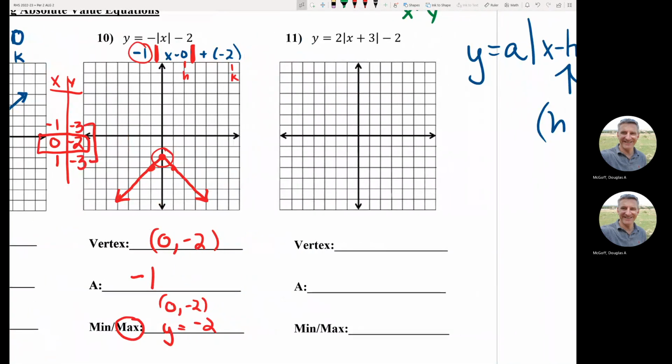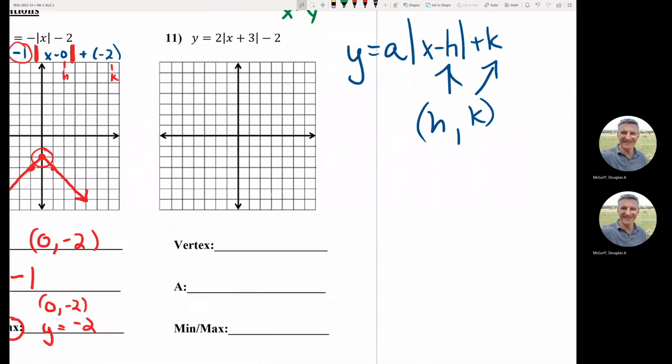11. Always of the form y equals a times the absolute value of x minus h plus k. So here I have plus 3. That means it's really x minus negative 3. Or I could say x plus 3 equals 0 when x equals negative 3.